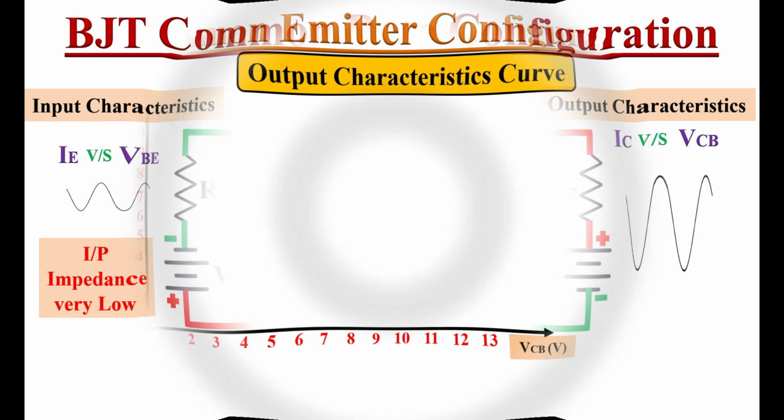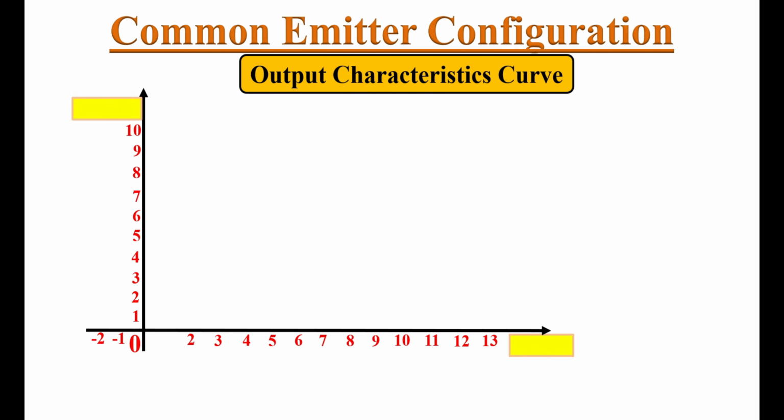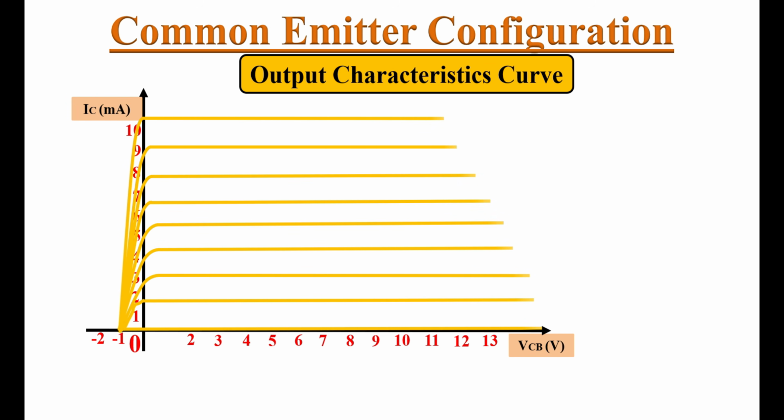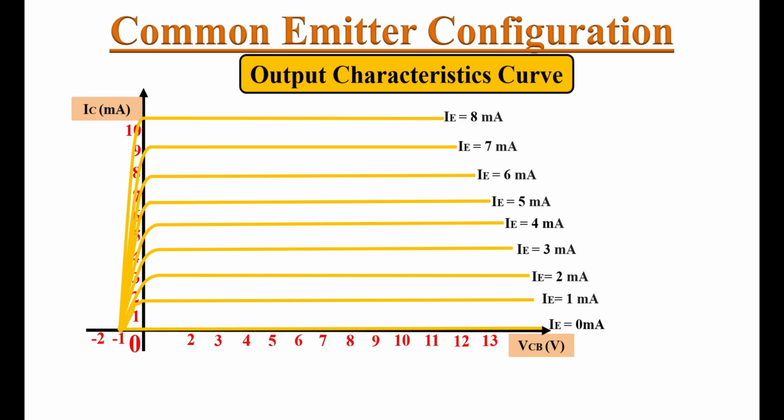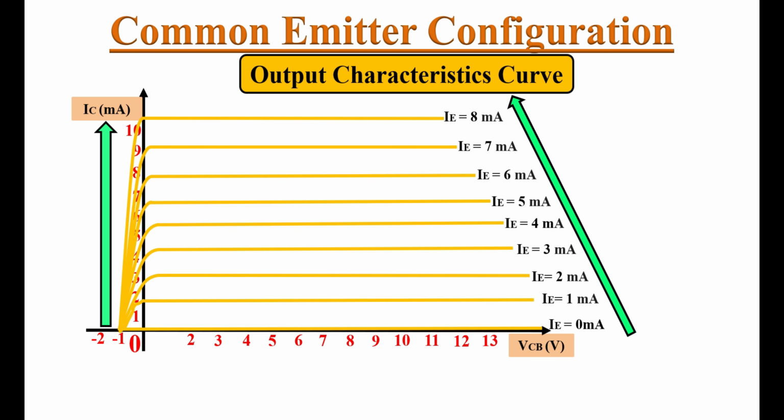IC is on the y-axis and VCB is on the x-axis. The output characteristic curves are shown for fixed values of emitter current. If we change the collector to base voltage, how will the collector current change? Different curves are shown for different values of the emitter current. As we can see, as the emitter current increases, the collector current also increases linearly.